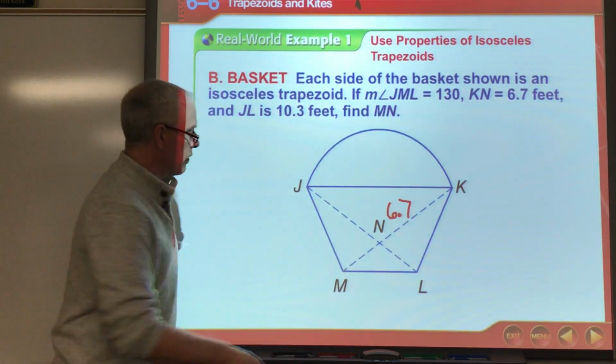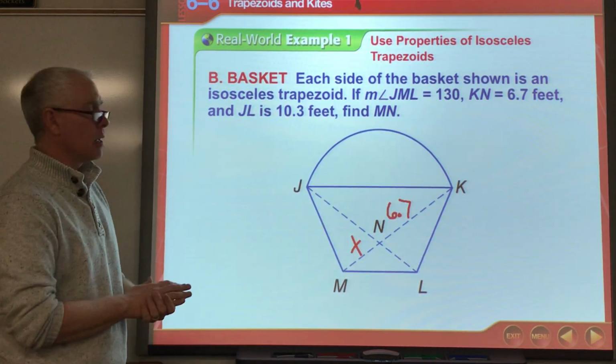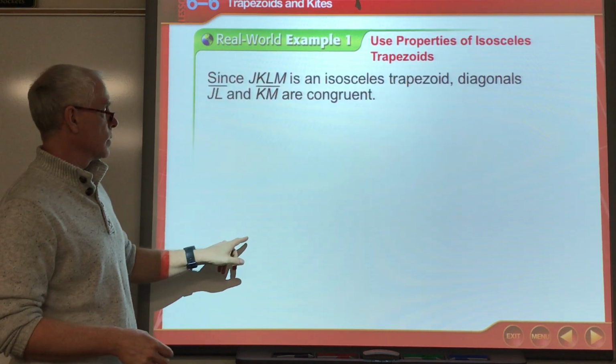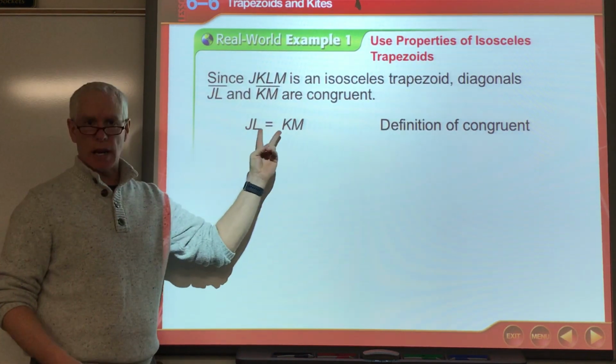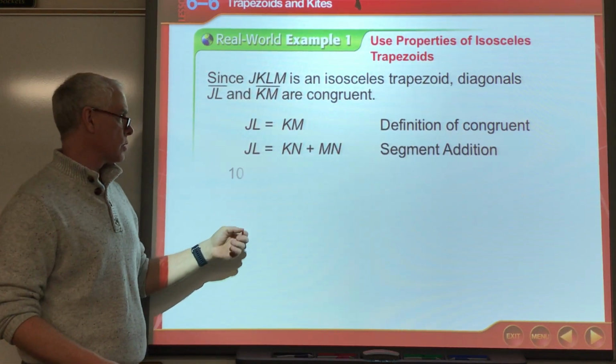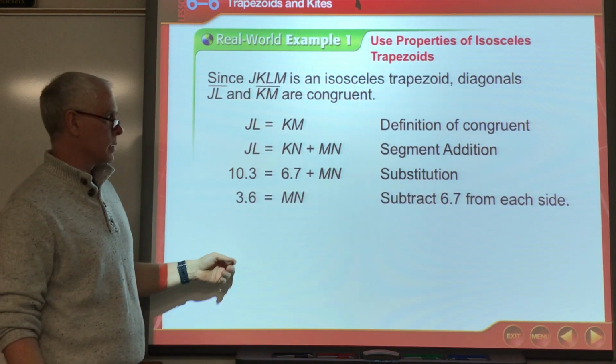So 6.7 plus, we'll call it x, has got to be that 10.3. Pretty straightforward little equation to solve. And so that's all they're saying. The diagonals have to be congruent. One diagonal will be the sum of those two smaller parts. I've been given a couple of the numbers, subtract. The other one's got to be 3.6.